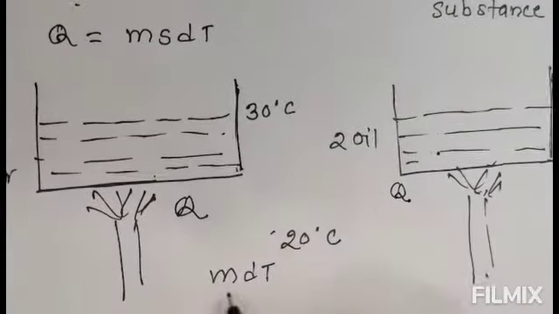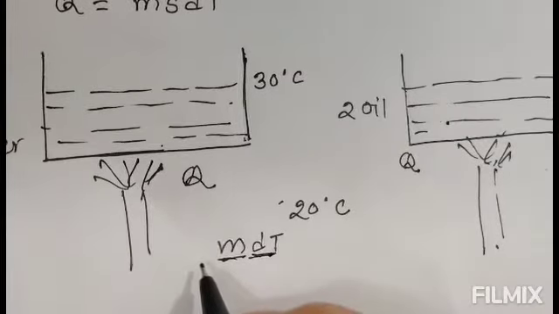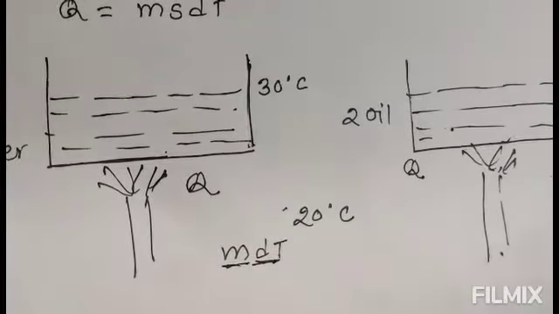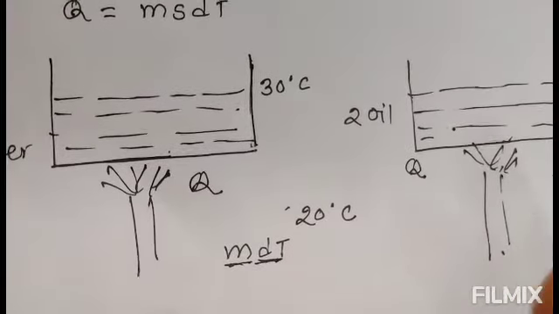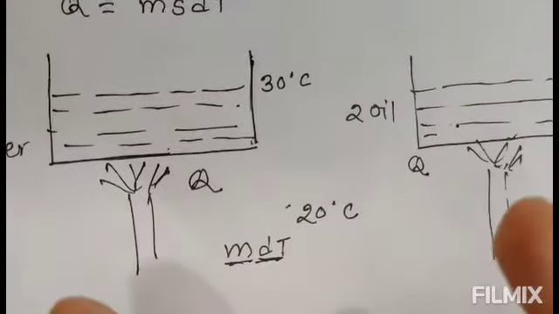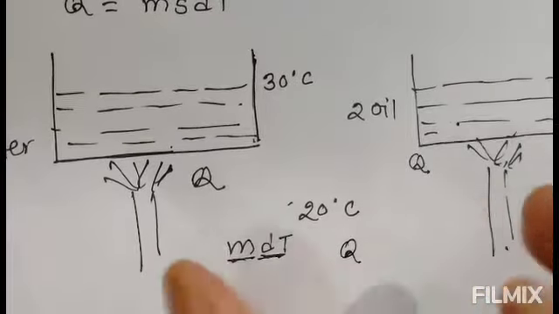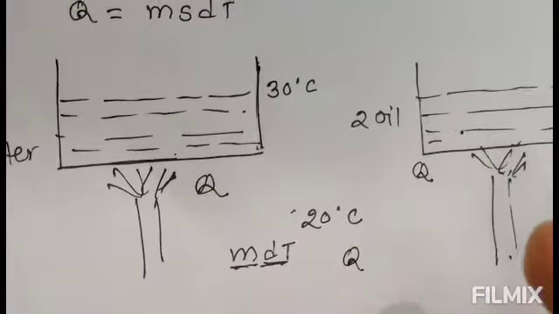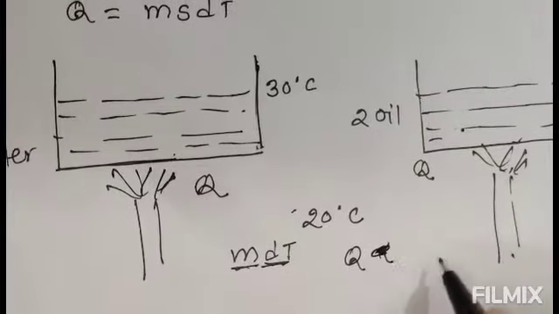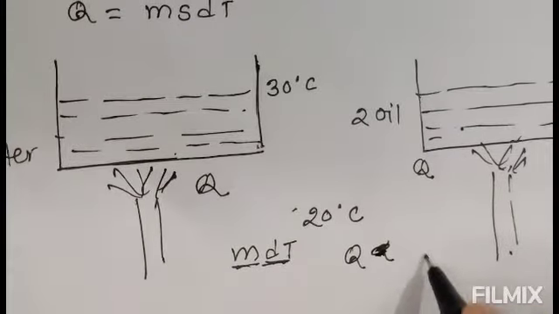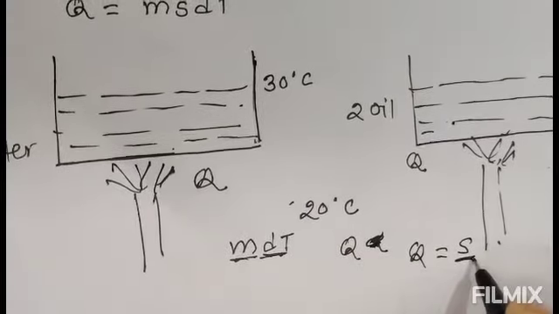So here if these two quantities are equal, then also a specific character is there of the substance which is responsible for the heat supplied. That means the amount of heat will be decided by different substances in a different manner, and that specific physical quantity which decides this is called the specific heat of the substance.